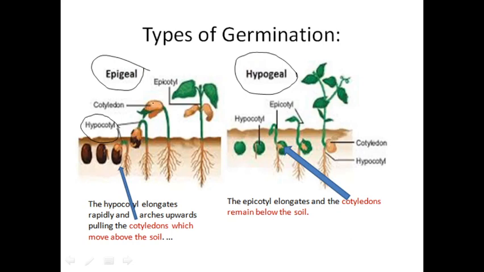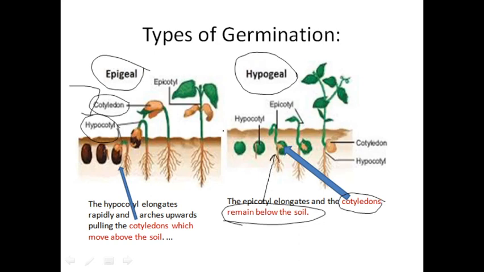Here you have observed that these cotyledons are pulled upwards and they are above the soil. Whereas hypogeal means below, where cotyledons even after germination remain below the soil.